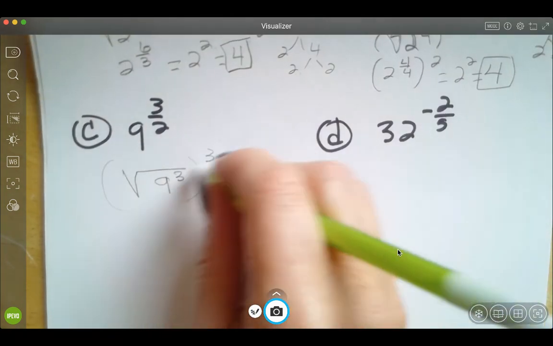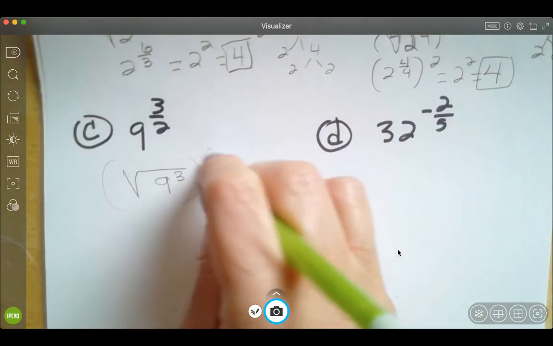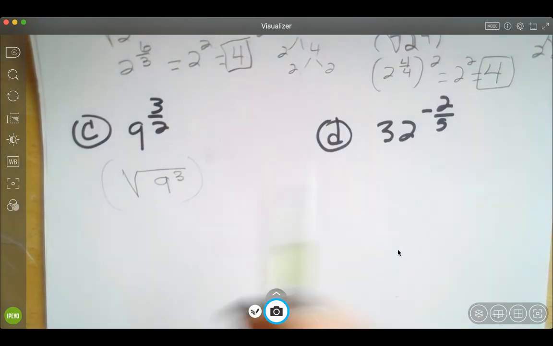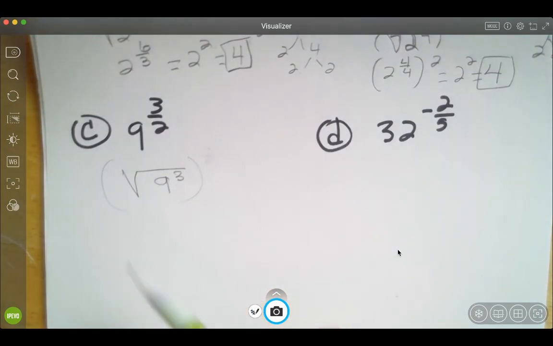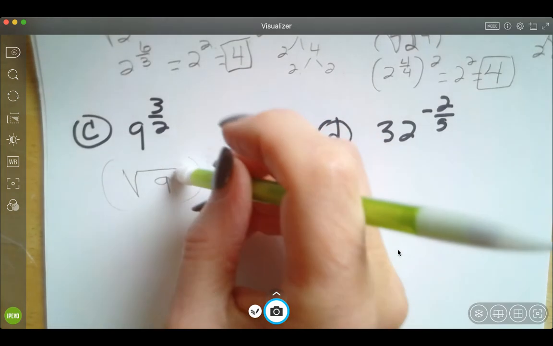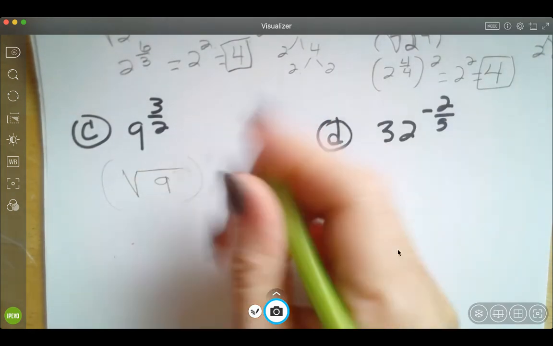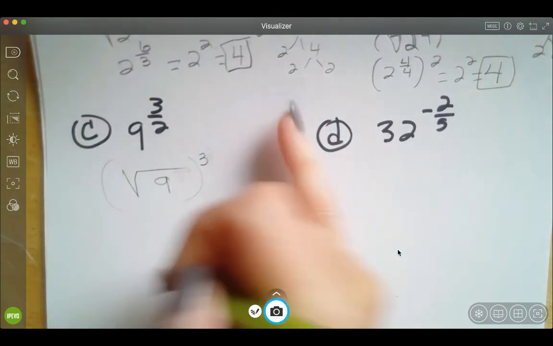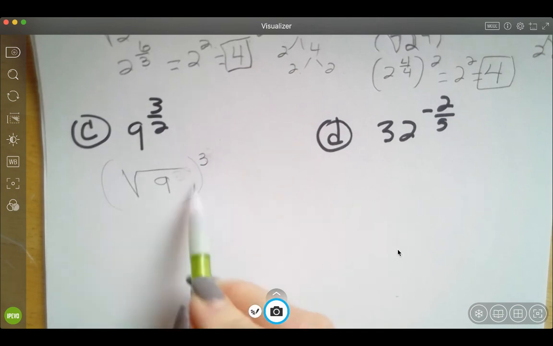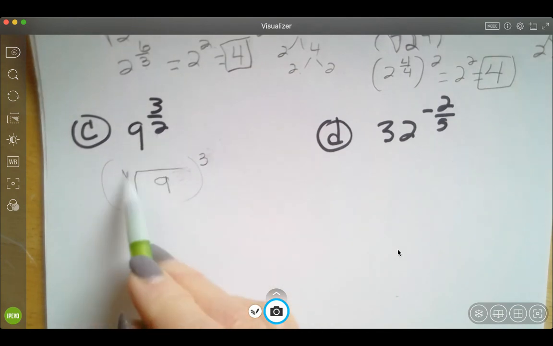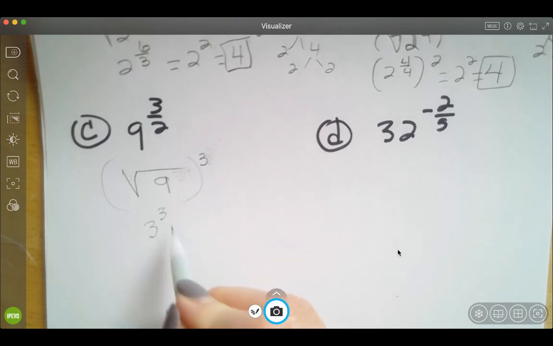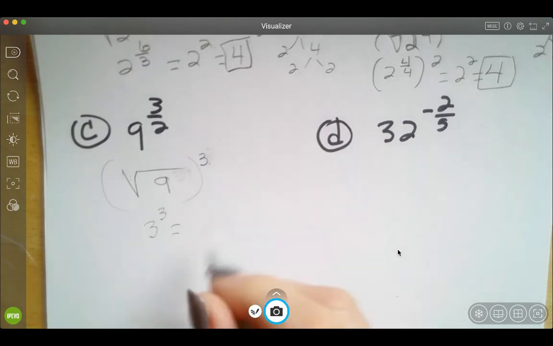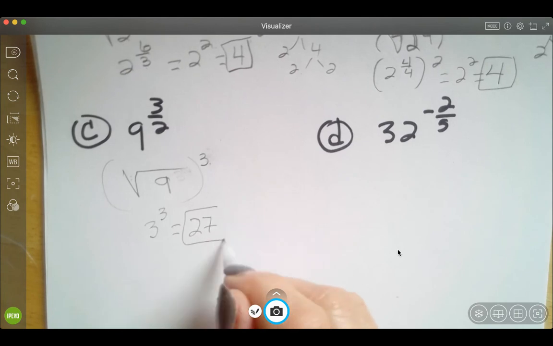So if I do it under here, do I really want to cube 9 and then take the square root? I don't. So what I'm going to do is put the 3 out here, which means I'm going to take the square root of 9, right? Square root, the 2's understood. So that's 3. I have this to the 3rd, and if you remember from earlier work, 3 cubed is 27.